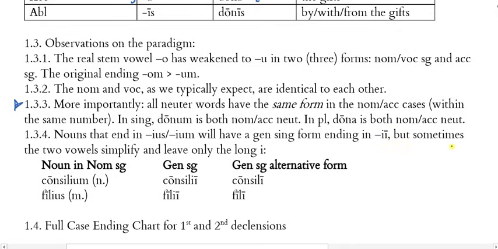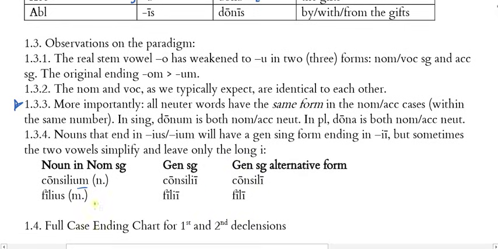But sometimes those two vowels are going to simplify and leave only the long I. And so I've got two examples here. The neuter noun concilium, and its genitive singular. You drop the -um and you add the long I, right? So concilii, and then the alternate form where the I is dropped is concili.